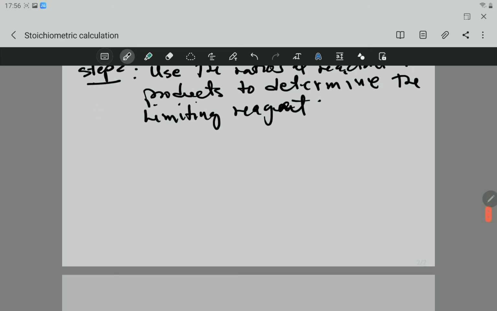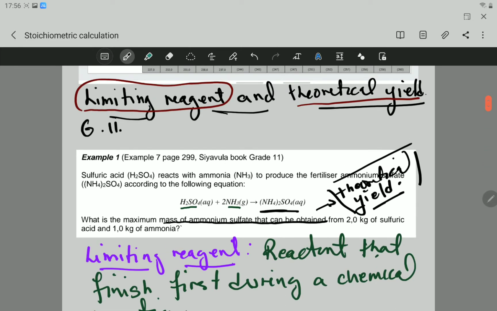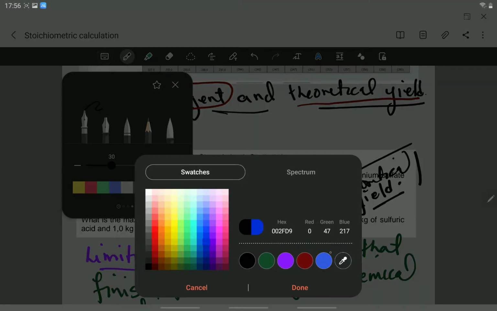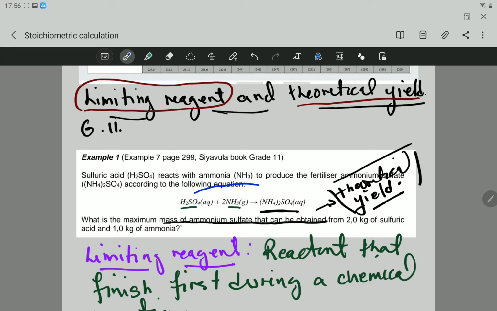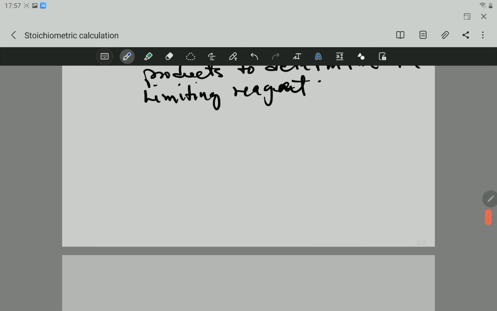We're going to check the ratios between each reactant with the product. So, for example, we're going to check first the ratios between sulfuric acid and ammonium sulfate. Okay? So let's come here and say sulfuric acid, H2SO4, to the product, which is ammonium sulfate, (NH4)2SO4.